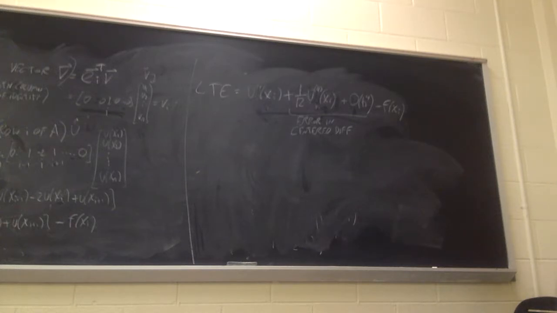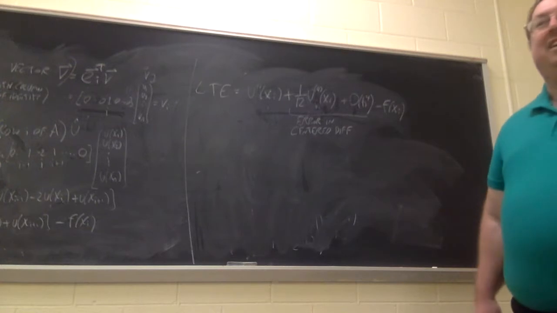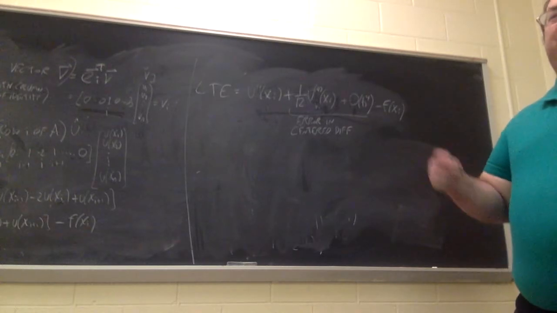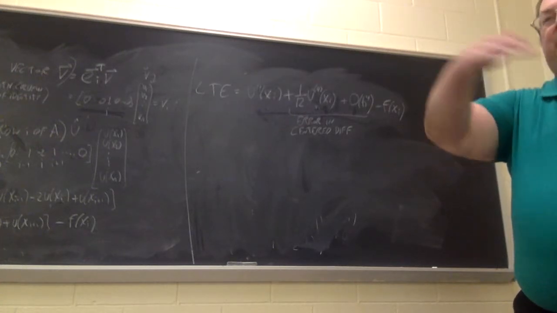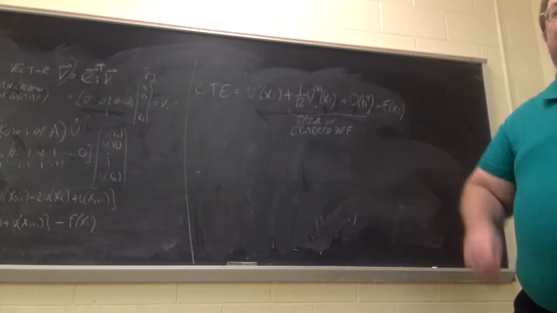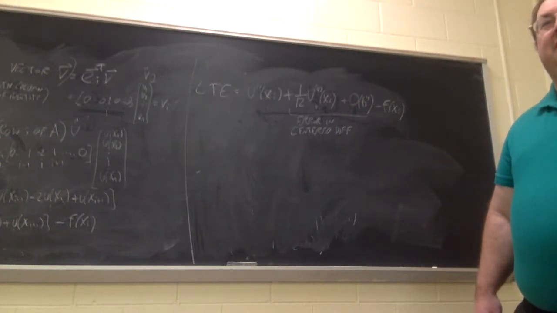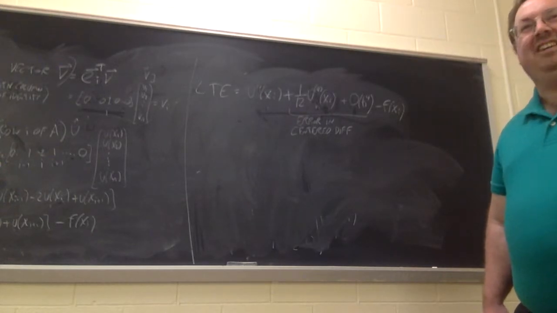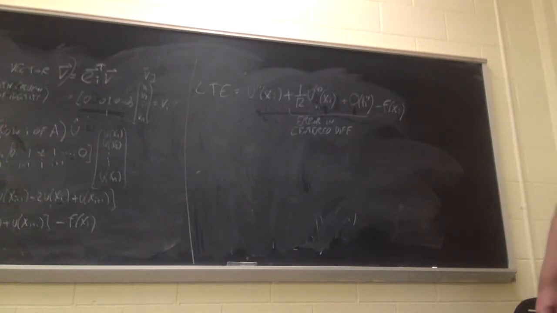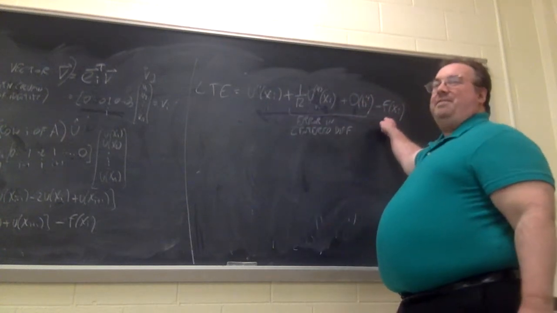Poisson's, more specifically the one-dimensional, the actual DE. Not the numerical method. U double prime equals f. That's the original. Okay, so u double prime equals f.